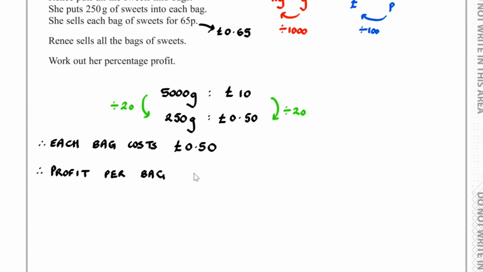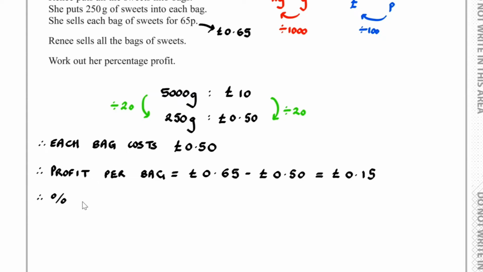So the profit per bag, we have 65 pence, subtract 50 pence, it turns out the profit per bag is 15 pence. And knowing what the profit per bag is, we can now find out the percentage profit.